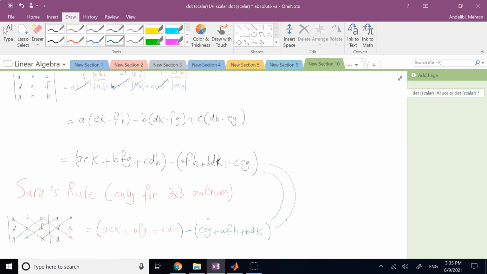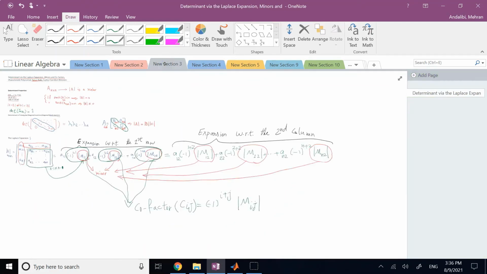I always use it in my classes and teach it to my students. But again, it is only for a 3 by 3. Once you have a 4 by 4, you cannot use it. Of course, for a 4 by 4, you can expand it, and since the minors are going to be 3 by 3, now you can use Sarrus's method. So just keep in mind the limitation of Sarrus's rule.